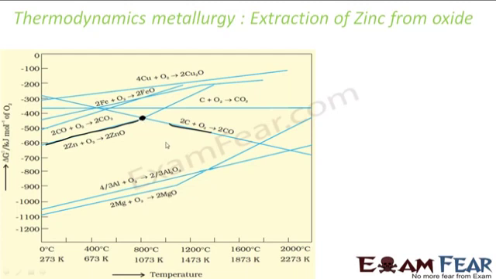That means at any temperature beyond 800 degrees Celsius, carbon will be able to reduce zinc oxide to zinc. So zinc oxide with carbon will form zinc and carbon monoxide, and the temperature will be almost 800 degrees Celsius.